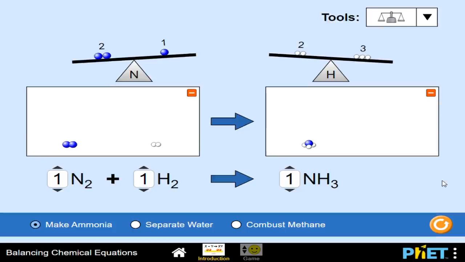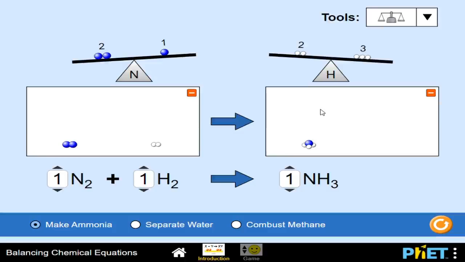So it asked which side needs more nitrogen, the reactant or the product side. Well, my reactant side has 2 atoms of nitrogen, and my product side only has 1. So the answer is the product side. So you were asked, without changing things to 0, because you can't have 0 of something, you can only have 1 or more, how can you change it so that the number of nitrogen atoms is equal on either side?